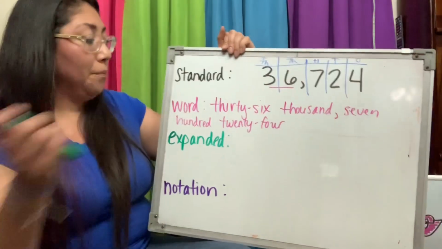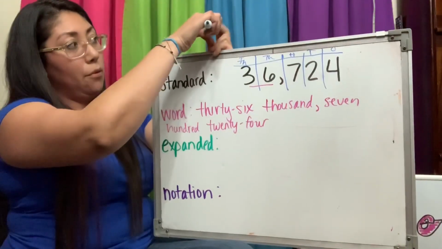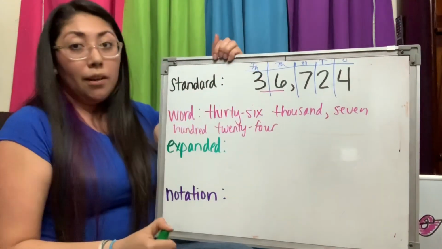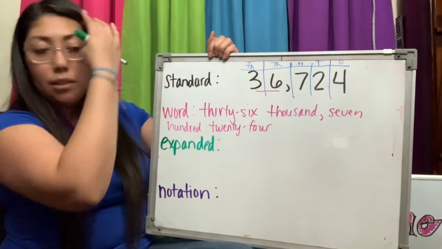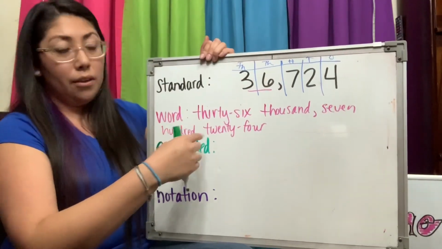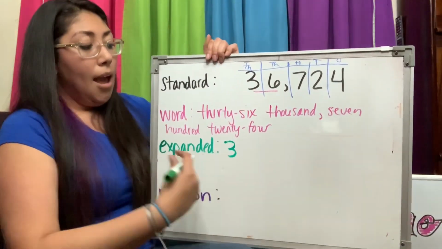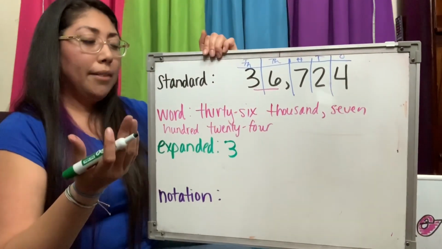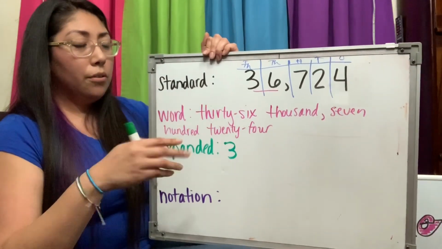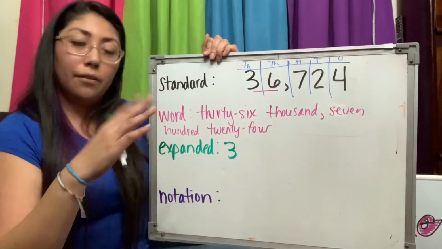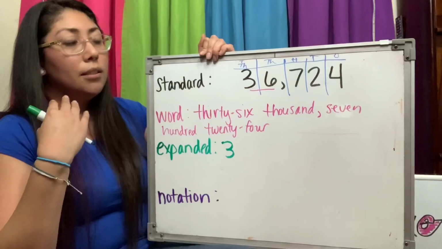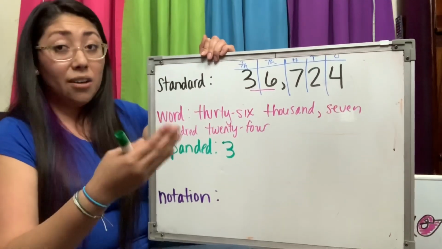All right, so now we're going to write it in expanded form. Same, use your place value chart. It helps you out with that. I'm going to start with my highest value, which would be the digit 3. I'd bring that down, and remember the little trick I showed you if you confuse how many zeros to put in there for the value of that digit.